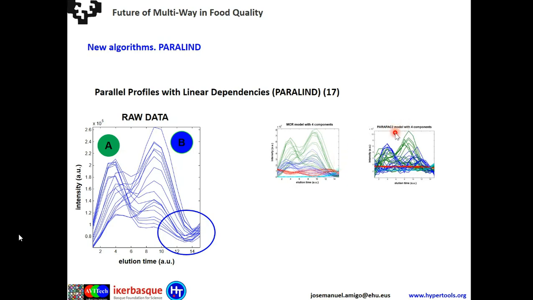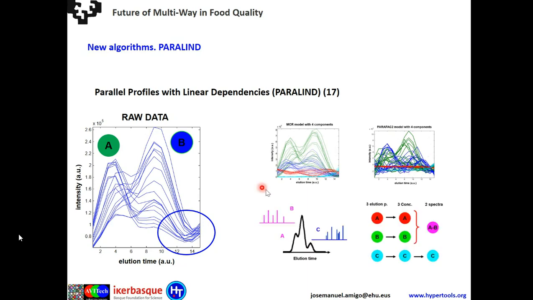This is the best PARAFAC2 model with four components. It was a disaster as well. So actually, we realized that we had a problem with these two peaks. At the beginning, we thought that they were isomers, so that's why they had the same mass spectrum, but that was not the problem.